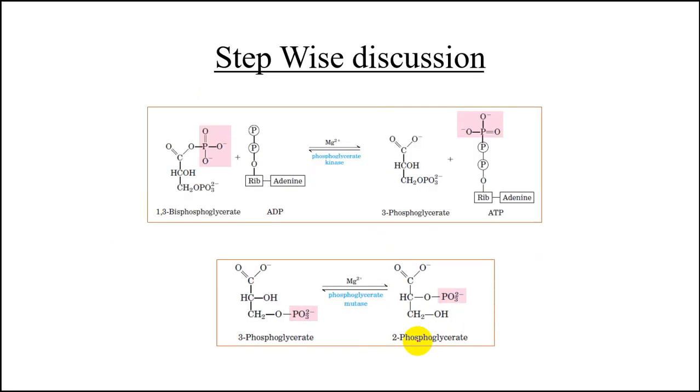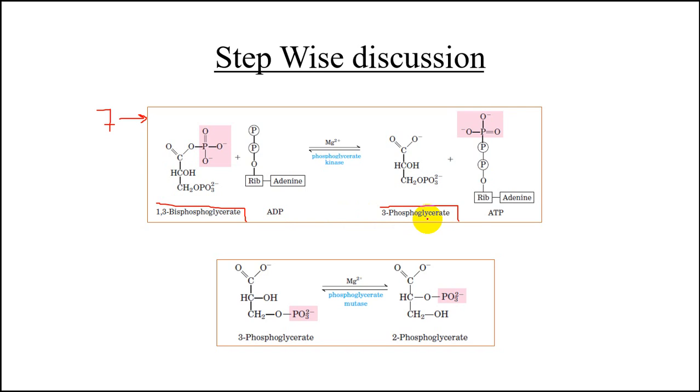Now coming on to the next one, this is the seventh one. It is very easy to understand stepwise. In the seventh step, the 1,3-bisphosphoglycerate which we have obtained is converted by phosphoglycerate kinase into 3-phosphoglycerate.